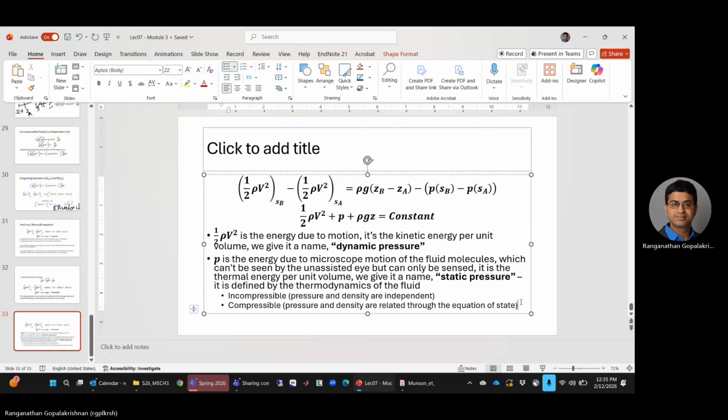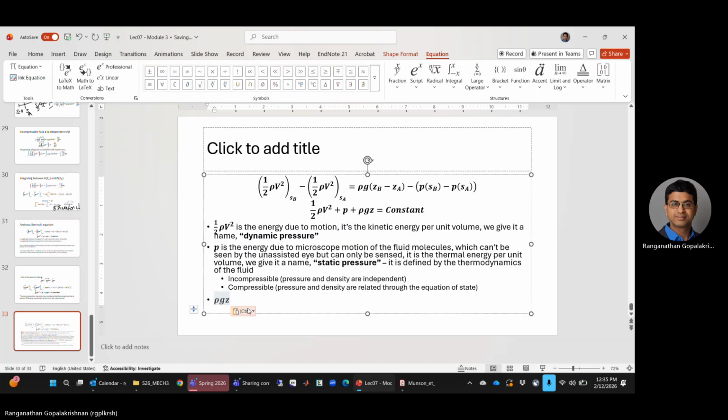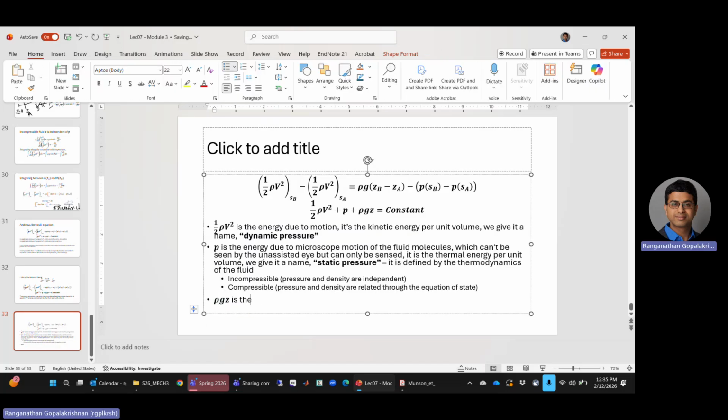Nice answer. So rho g times z is the energy due to gravitational force. It is a potential energy due to the relative position of the point in a gravitational field.